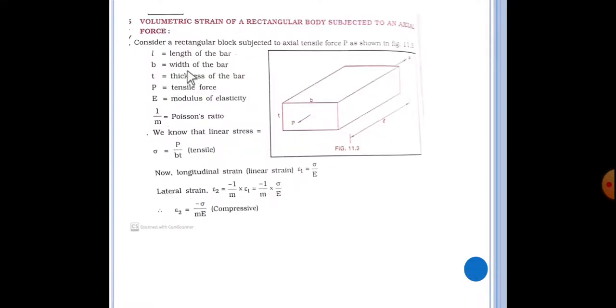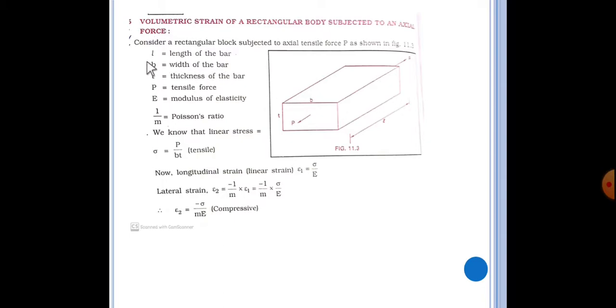Now, how can we calculate the volumetric strain for a single force acting on a body along its length? The volumetric strain of a rectangular body subjected to an axial force. Consider a rectangular block subjected to axial tensile force P as shown in the figure.